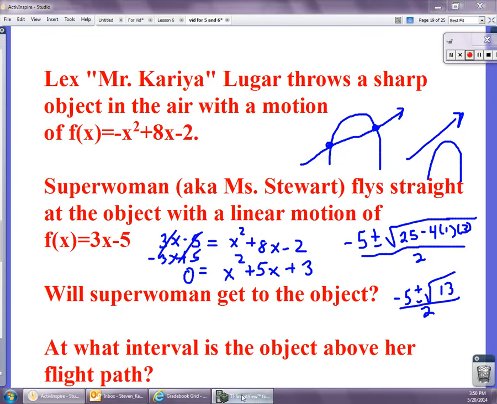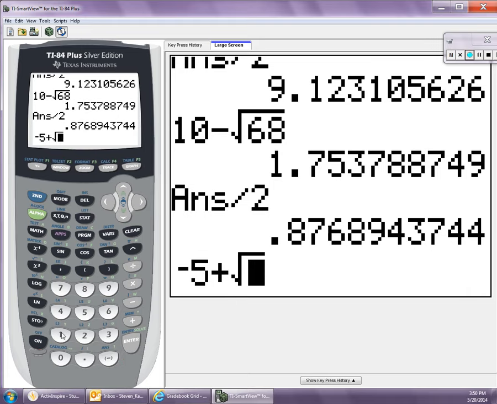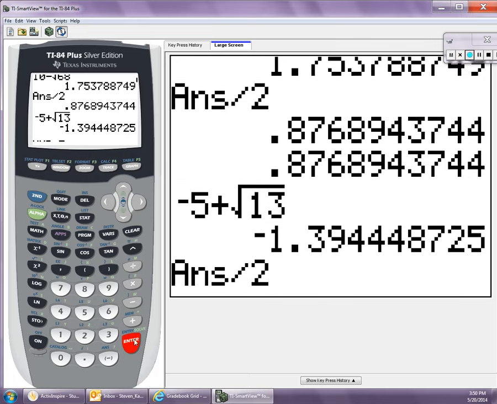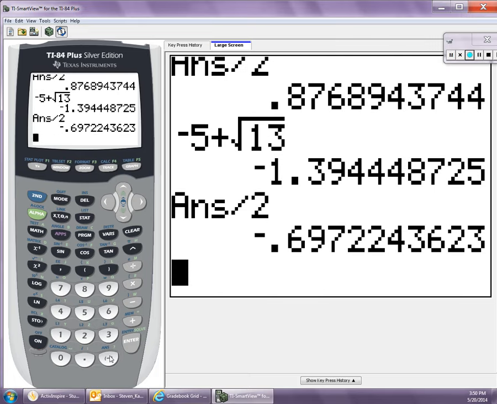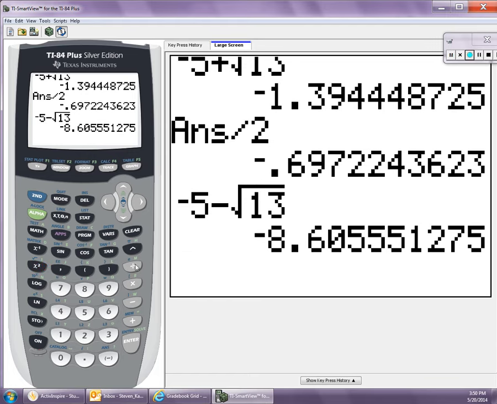So let me do both those. Negative 5 plus the square root of 13 divided by 2. And negative 5 minus the square root of 13 divided by 2.